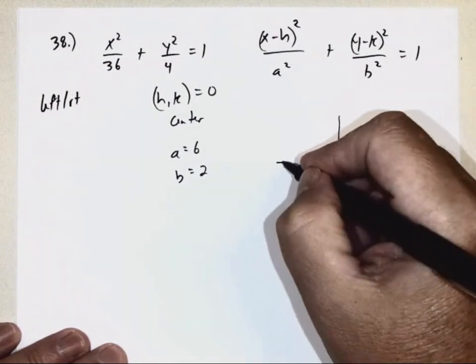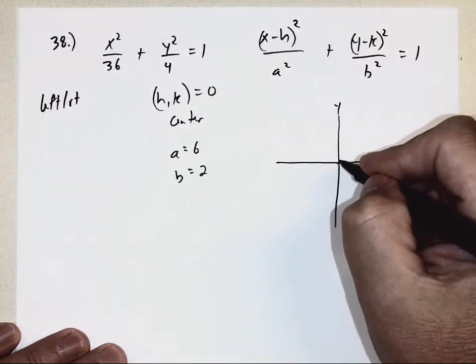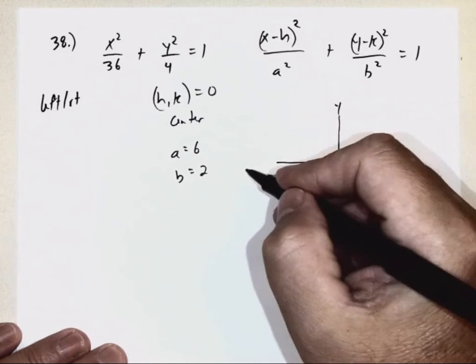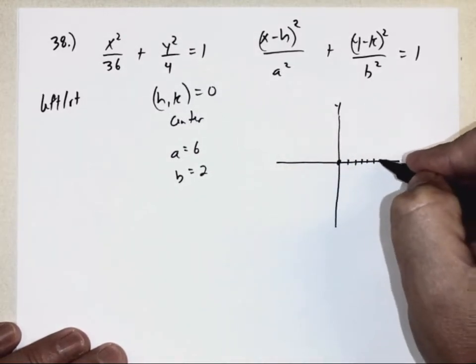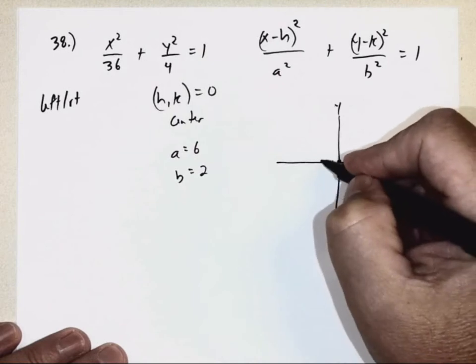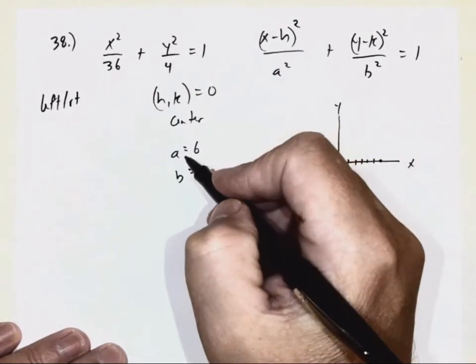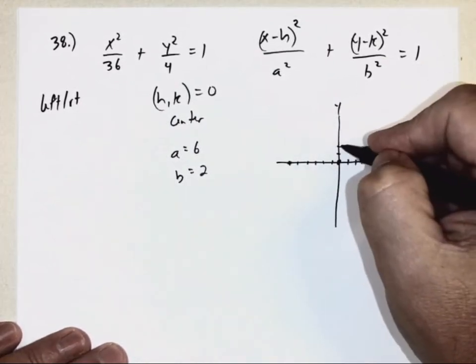I can start to graph it. The center is at the origin. I'm going to move 6 to the left and 6 to the right. That's where this a is. And the b tells you how far to go up and down.